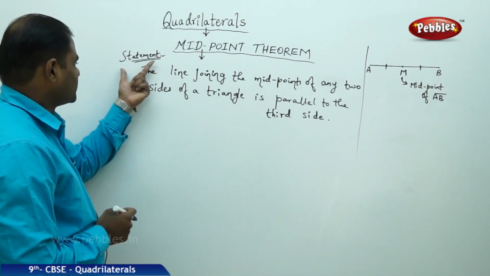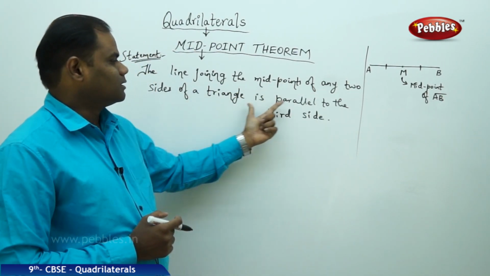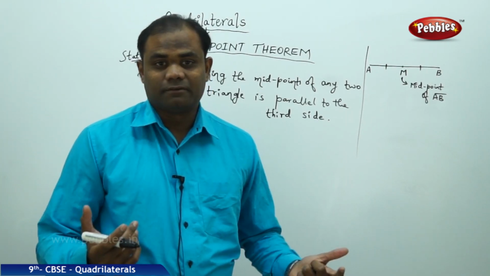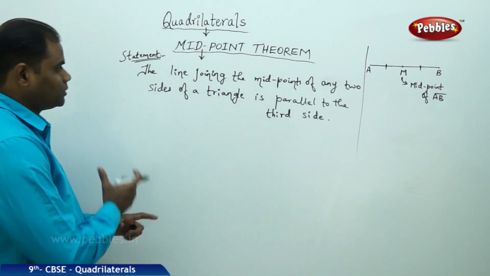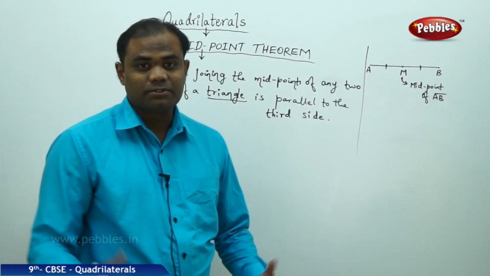So midpoint theorem states the line joining the midpoints of any two sides of a triangle is parallel to the third side. So let's see the statement in brief. Now this whole theorem is related to a triangle. So let me take a triangle ABC.